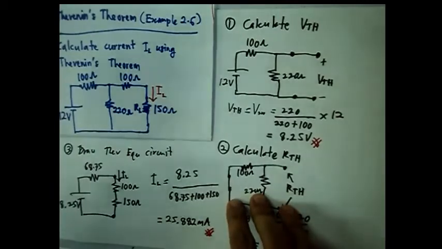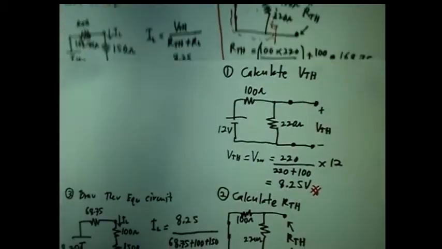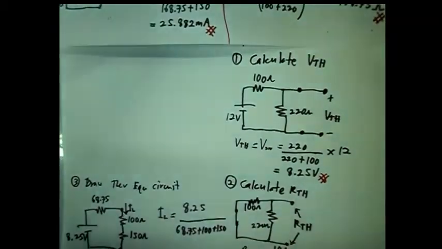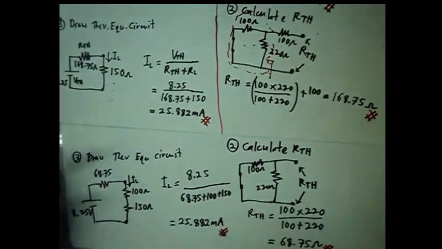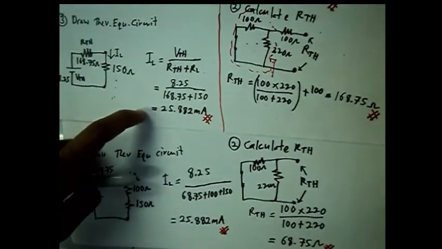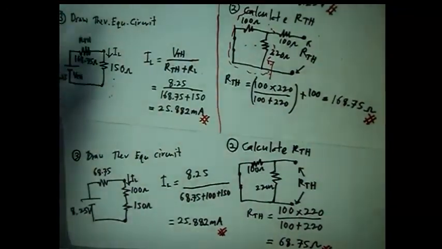So this is another way you can solve this question. If you compare, you will get the same IL for both answers. You can see here, this is IL from the first solution, and this is IL from the second solution. That's all. Thank you.